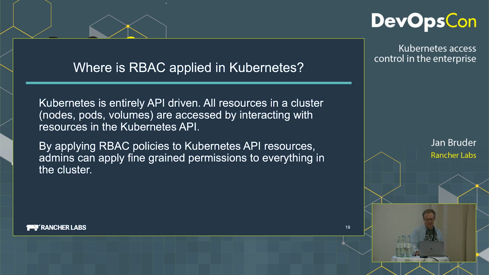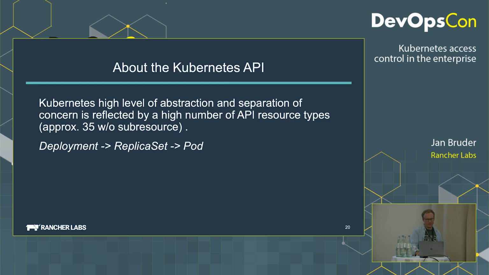And the other thing that is interesting to know about Kubernetes is the API structure. So the Kubernetes API has a lot of resources. That just comes from the design of Kubernetes. It has a high level of abstraction. So that results in a lot of different API resources.